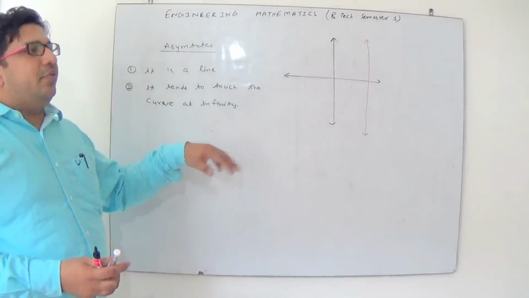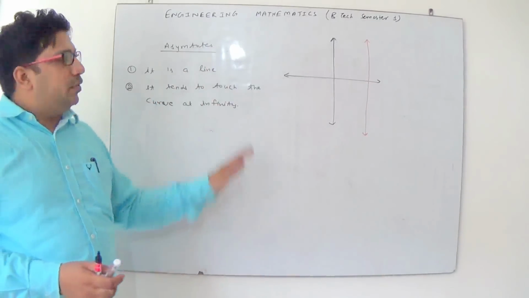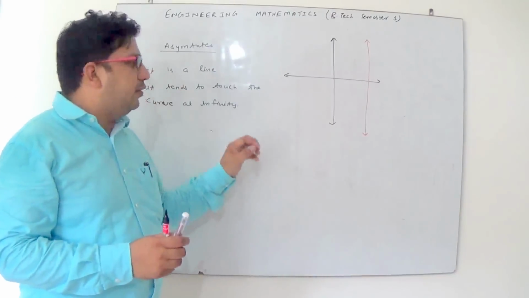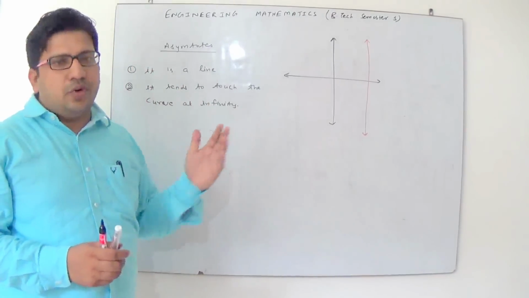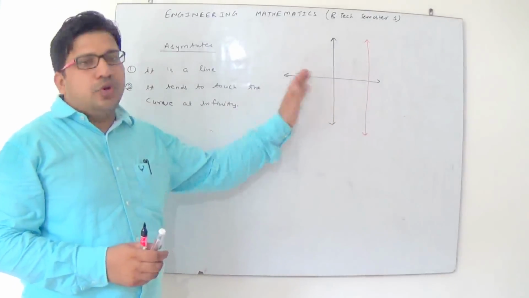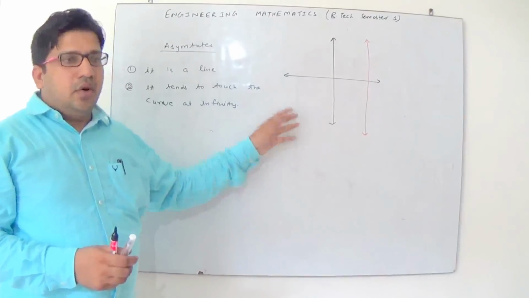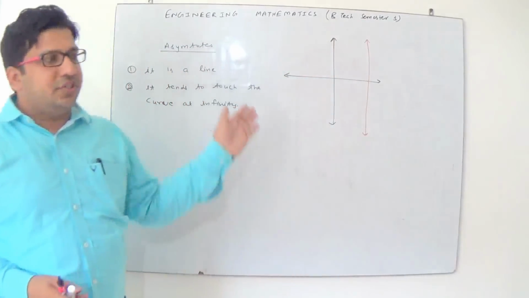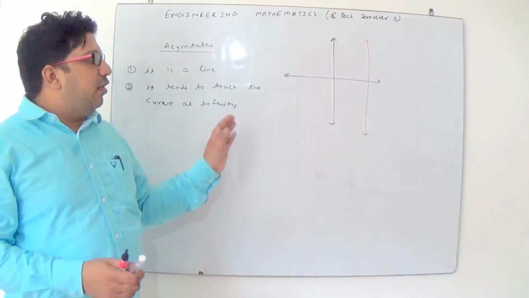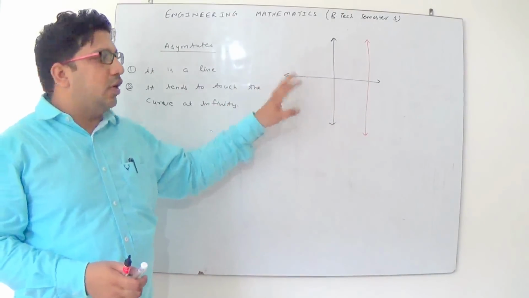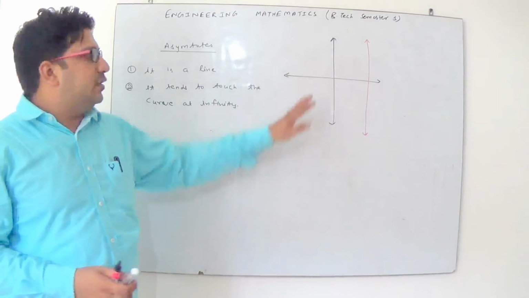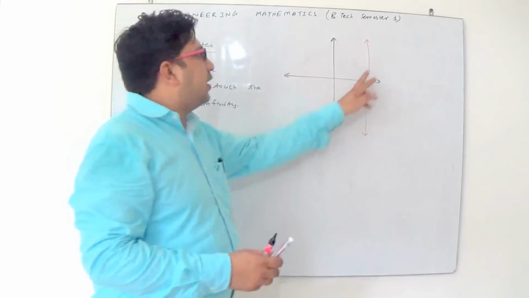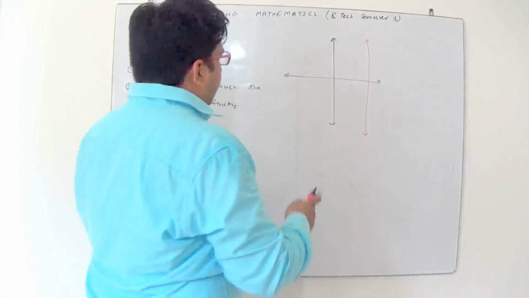Then my curve, whatever will be the shape of my curve, let's suppose I am drawing some arbitrary curve on the xy plane. And let's suppose this is the asymptote which is parallel to y-axis. So whatever will be the shape of this particular curve, it will never cut the asymptote at any point. It will tend to touch the asymptote at infinity.